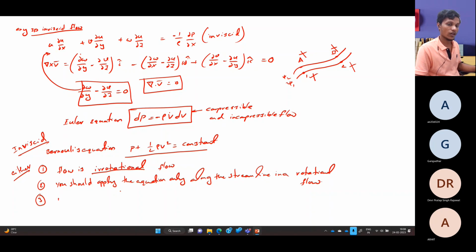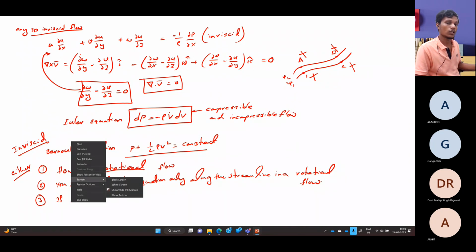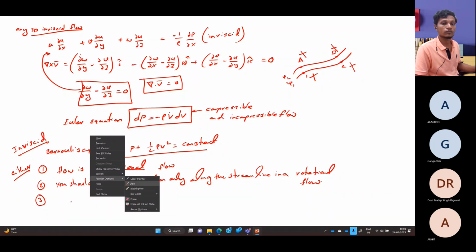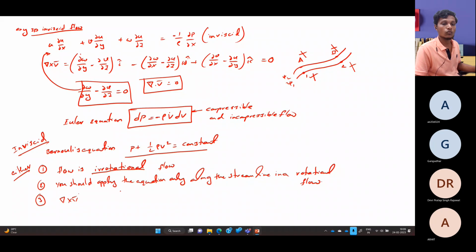If you can find a line that is perpendicular to the vector given by the curl of velocity, call that vector a bar, and dl bar is a small elemental line.